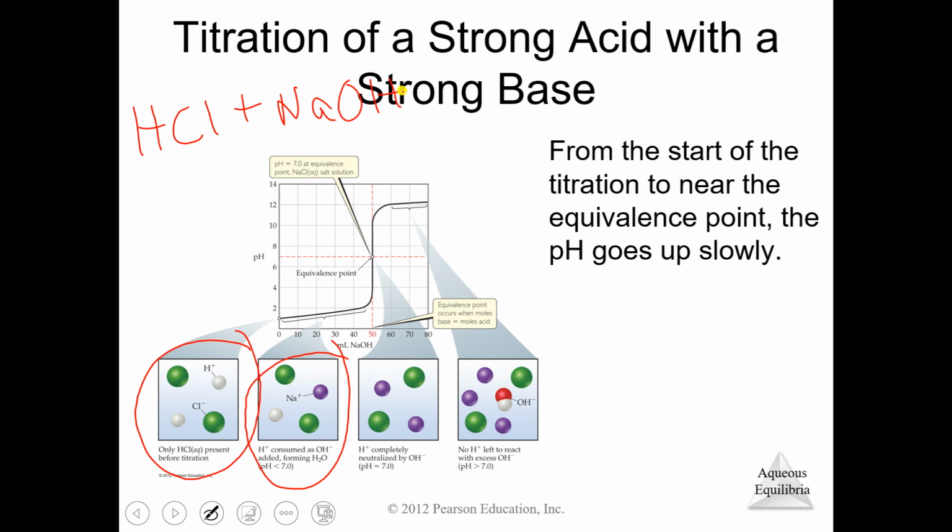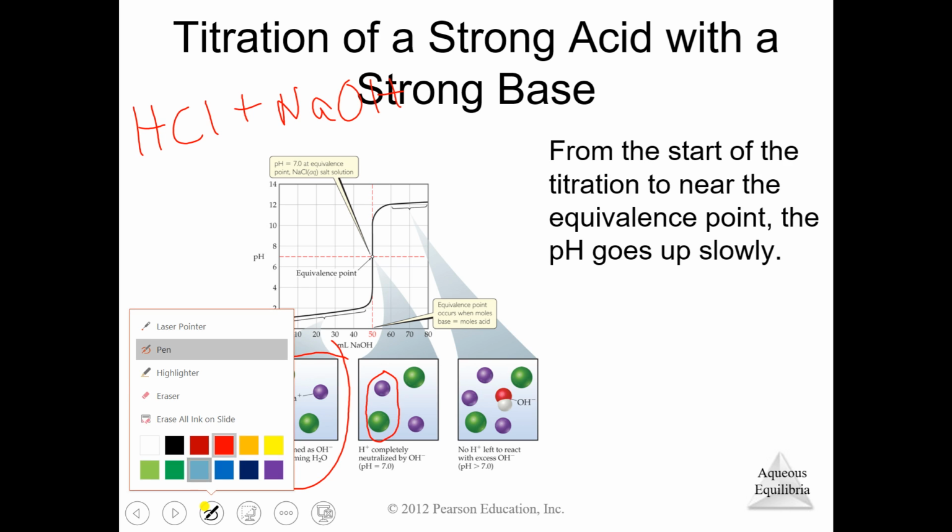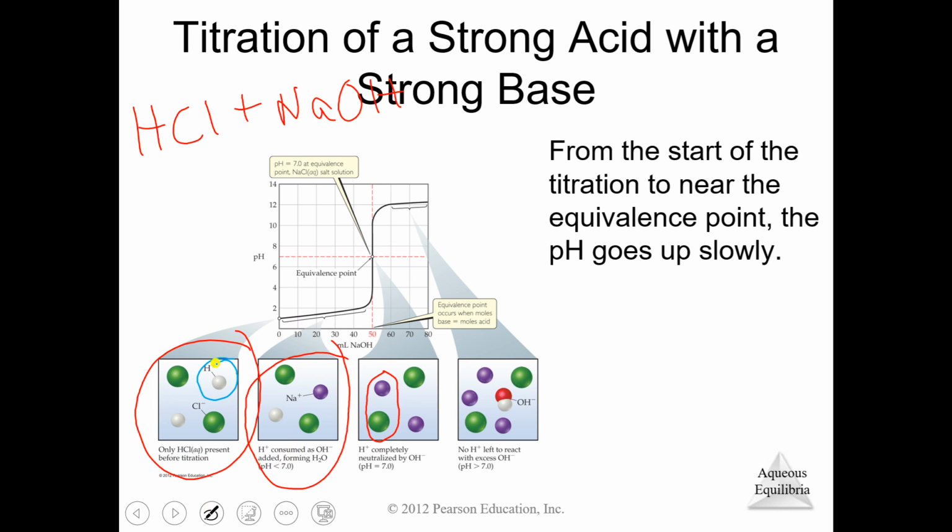So once I introduce a sodium ion into solution, it is going to form a bond with a chloride ion, and the hydrogen from the hydrochloric acid and the hydroxide from the sodium hydroxide will come together to form water. If you remember, it's acid plus base yields soluble salt plus water.